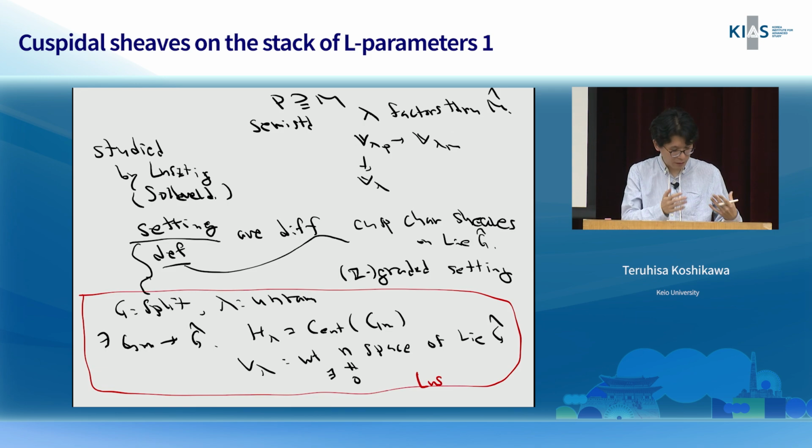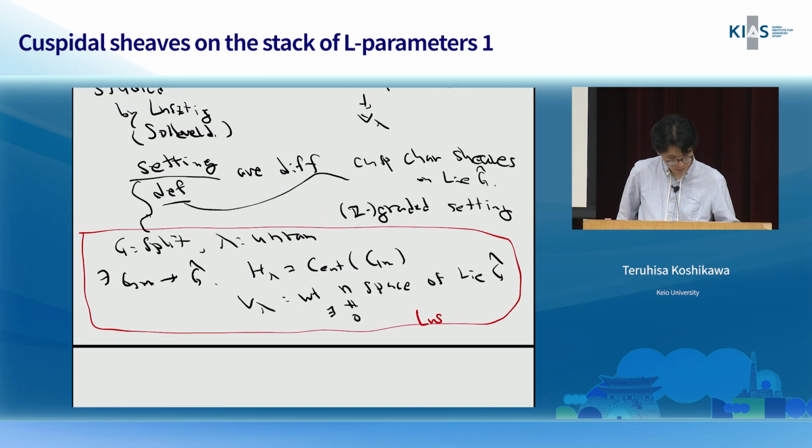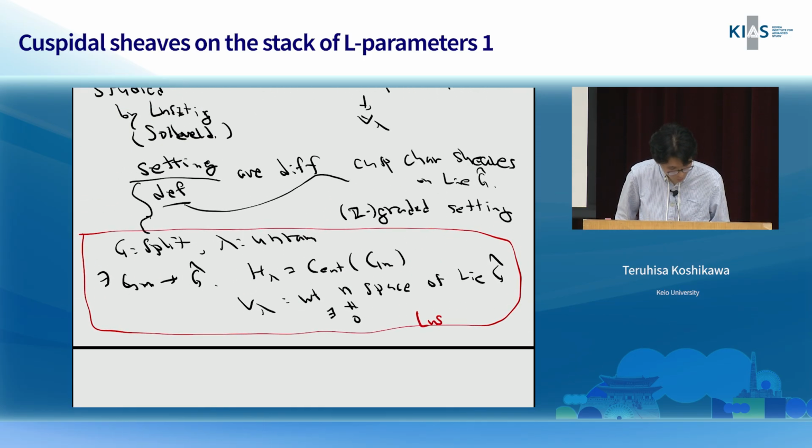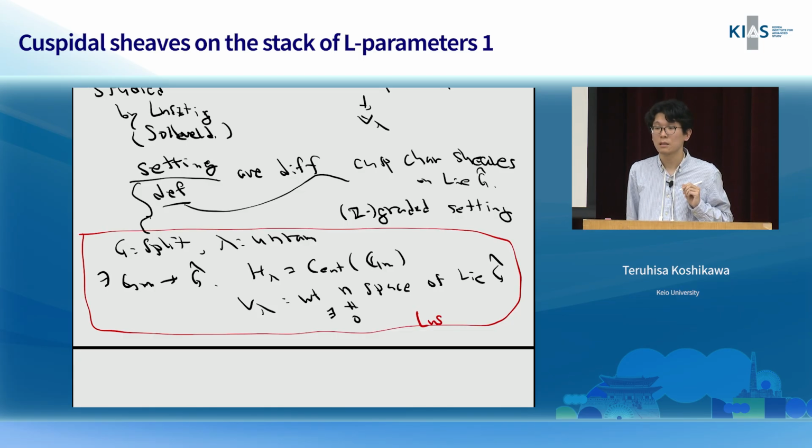Lusztig's case is somewhat special, but there is a reduction to this case. That's what I was going to say. What's the centralizing, like you wrote, G_m? It's a co-character and it's the centralizer for this choice of one-parameter subgroup. Oh yeah. Okay.